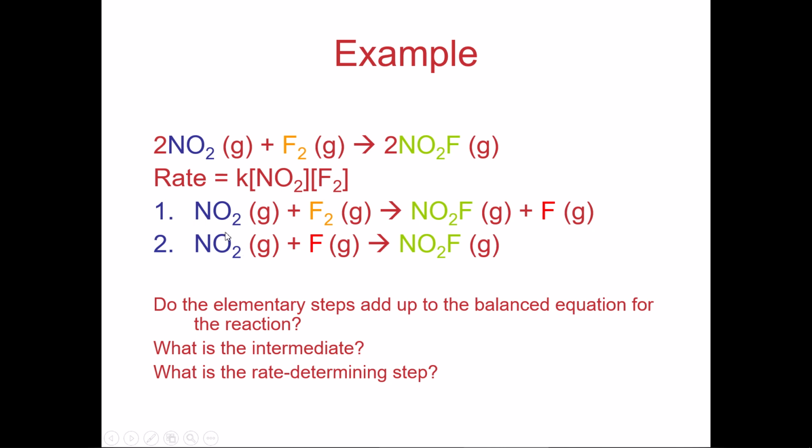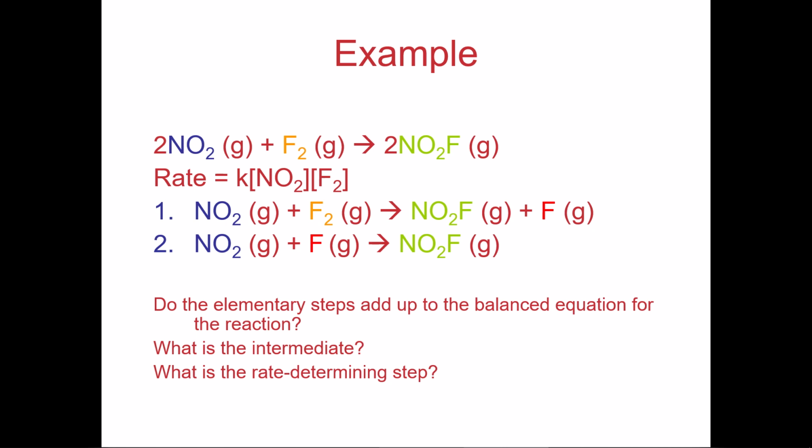We need a second molecule of NO2 to interact with that F to produce NO2F. Since the red F is our only intermediate that gets crossed out, we end up with 2NO2 plus F2 gives us 2NO2F. So that's our balanced equation.